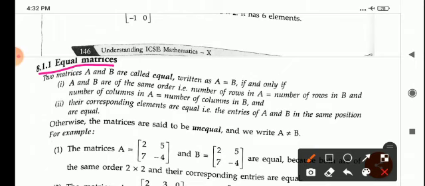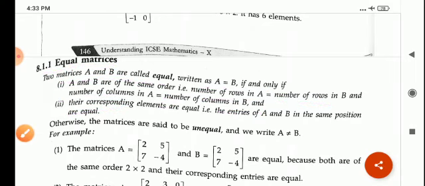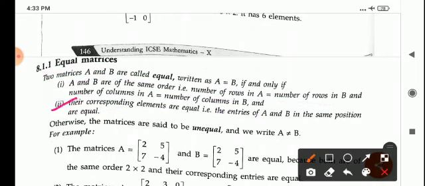Two matrices A and B are called equal, written as A equal to B, if and only if number 1, A and B are of the same order, that is the number of rows in A equal to the number of rows in B and the number of columns in A equal to the number of columns in B. Second point, their corresponding elements are equal, that is the entries of A and B in the same positions are equal. Otherwise, the matrices are said to be unequal.